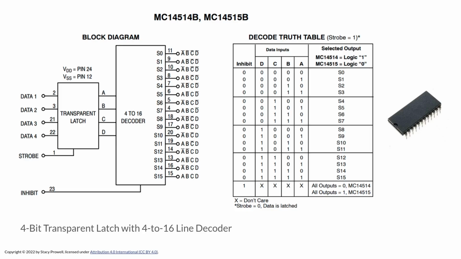Great. I can set something into the latch that will choose which bank I'm now going to talk to. I'll talk to one of 16 different banks, and I can then use my 16 address lines to address 64K in each of those banks, right? And that gives me a lot of memory.